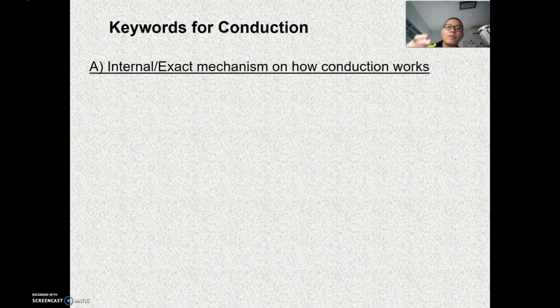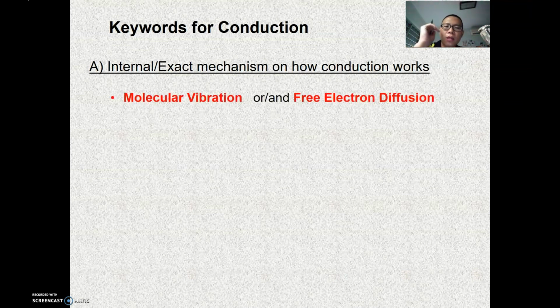So when dealing with this style of question, students will have to state whether it's molecular vibrations as the primary process, or free electron diffusion as the primary process. So once you identify the correct process, the phrasing or the explanation will be the same as the previous two slides, whereby you explain how molecular vibrations work dealing with molecule collisions, and free electron diffusion dealing with electron collisions.